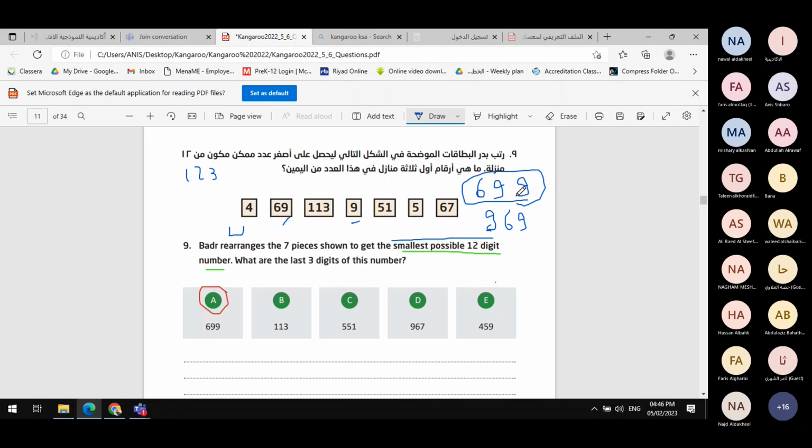Okay, so I want in the hundreds places, I want, the tens places, sorry, I want to get rid of the biggest digits. So here in this case, I got rid of the two nines found in the numbers.